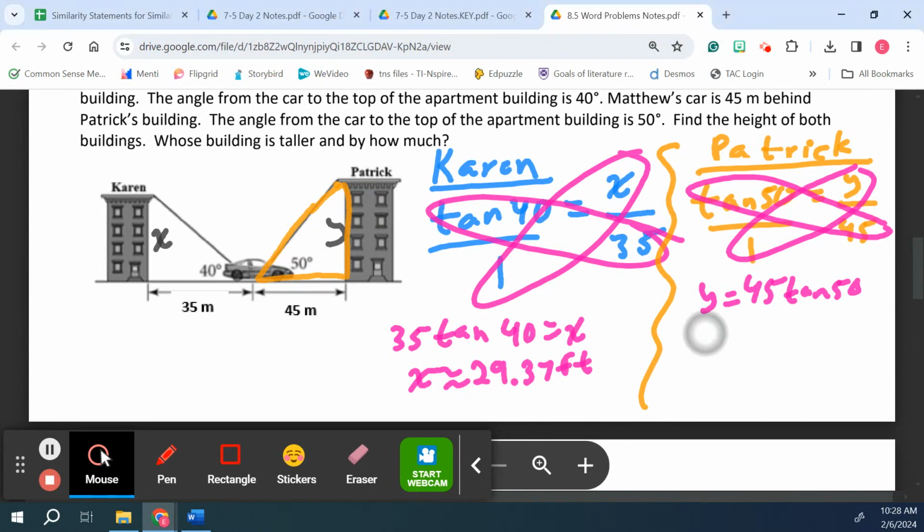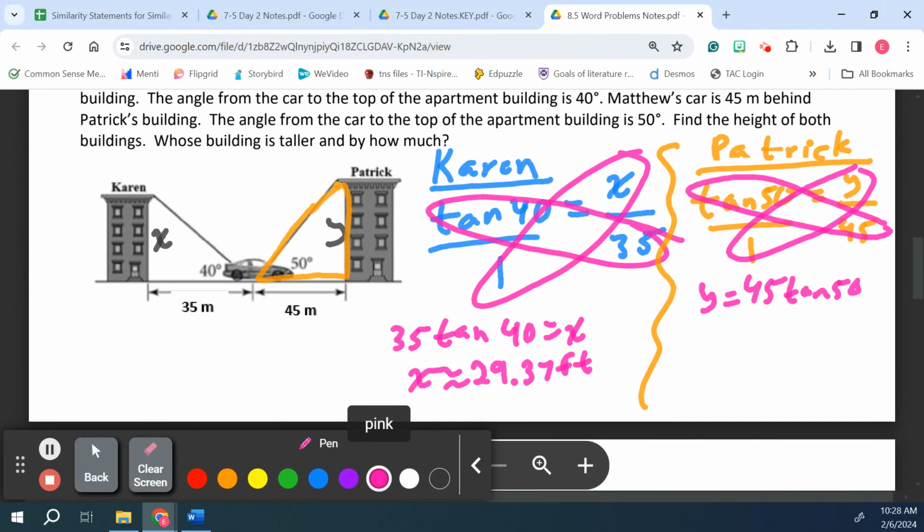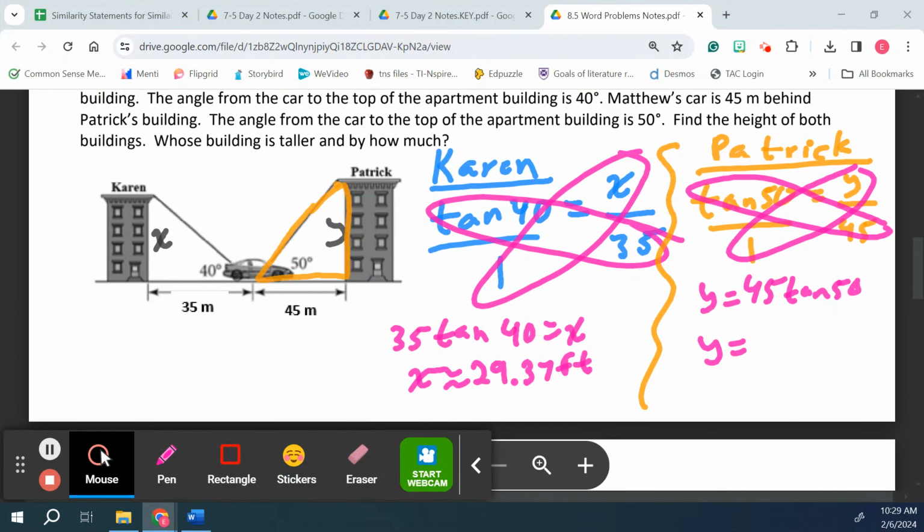So someone tell me about what is the height of Patrick's building. Again, rounded to the 100th. Anybody?